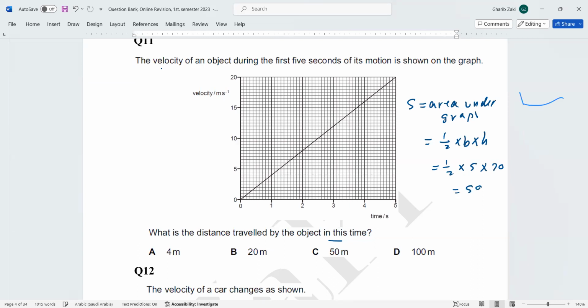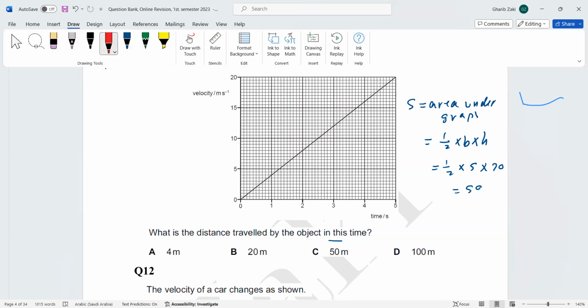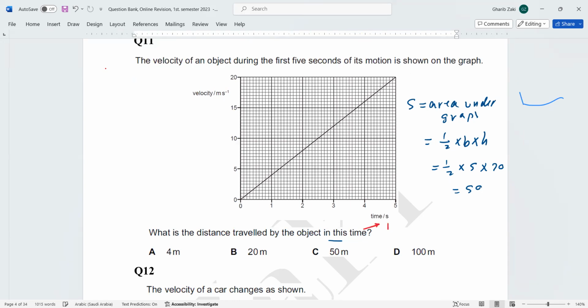But if he said in the first 2 seconds or in the first 3 seconds, we need just the area in the first 3 seconds or 2 seconds or whatever, not all.